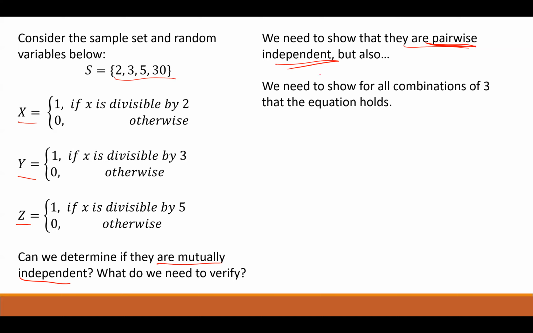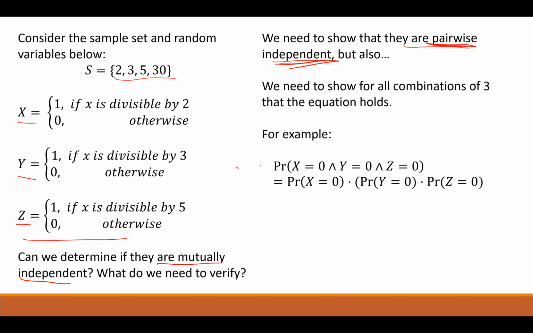So we would have to show all possible combinations of 2 events plus all possible combinations of 3 events. To show that they are mutually independent, I have to show they are pairwise independent for all of the events. Plus, I would have to show for all combinations of 3 that the intersection of these events is equal to the product of the individual probabilities. So pairwise independence and mutual independence are still around for random variables.